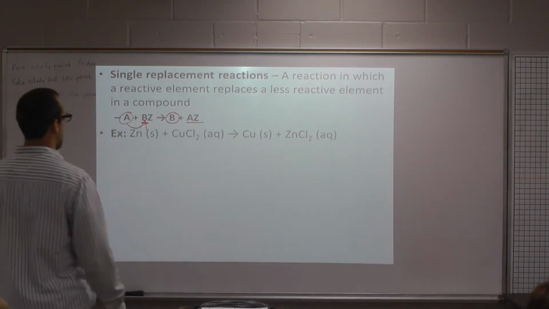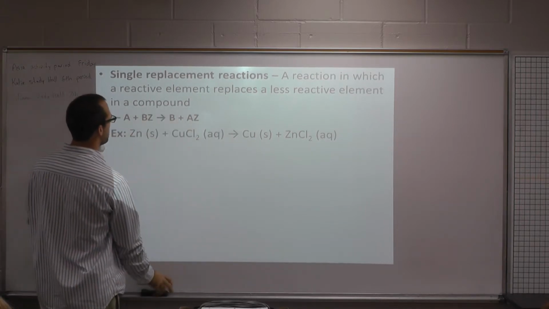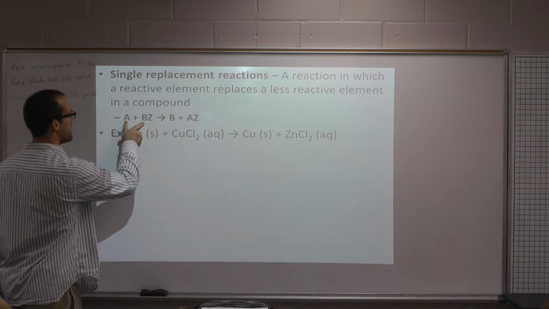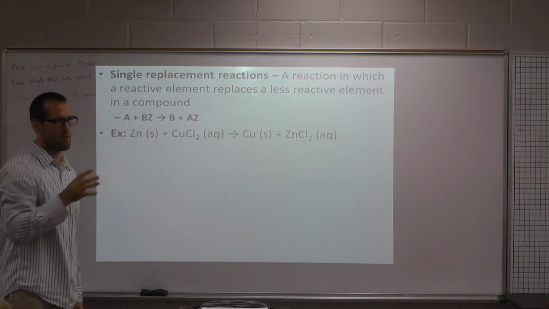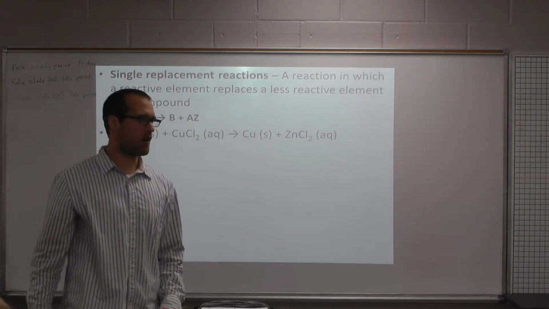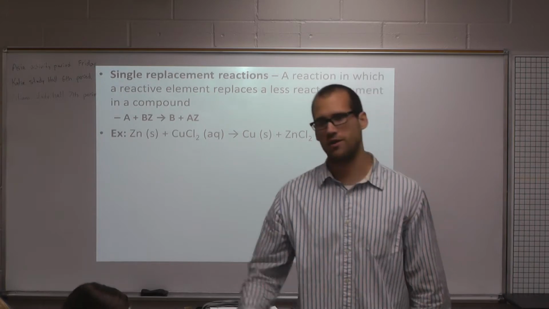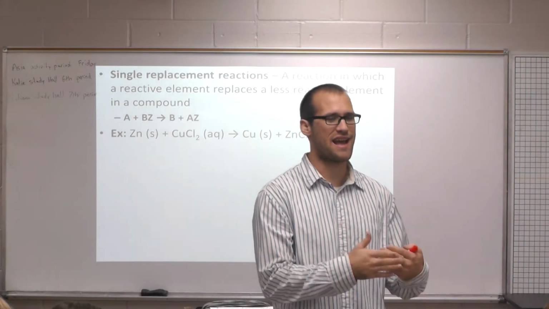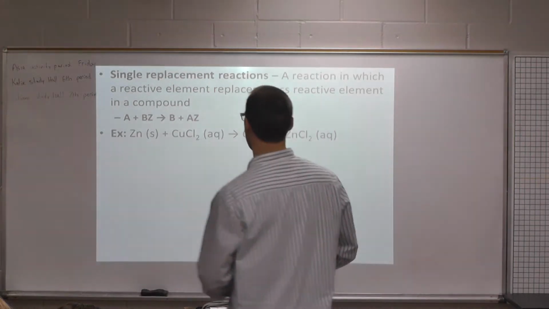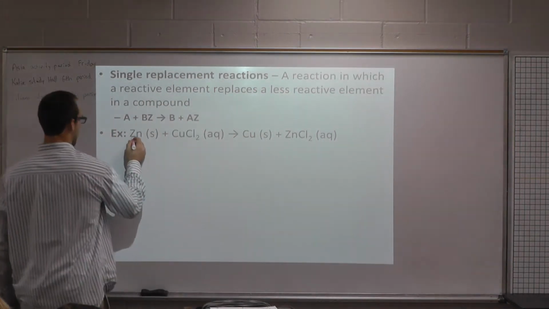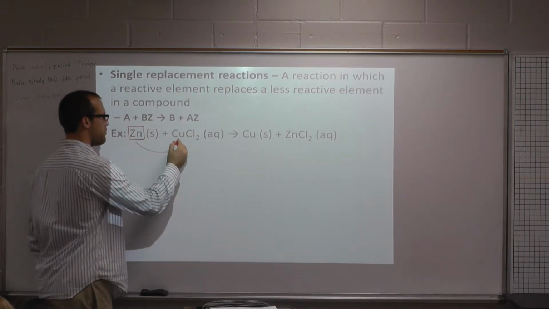So here's an example here. Now notice, I want to be very careful when I'm talking about this. A and B, they're both cations, or they're both gonna have properties of cations. What I'm saying is a cation cannot replace an anion. That's a no. So if you look here, we have a metal which can very much act like a cation if it wanted to, come in and replace copper.